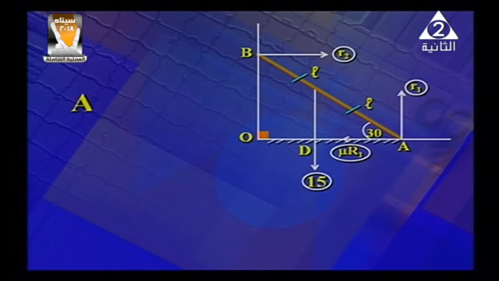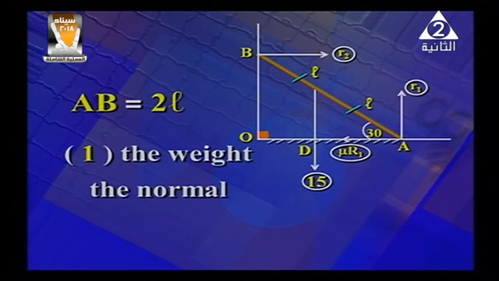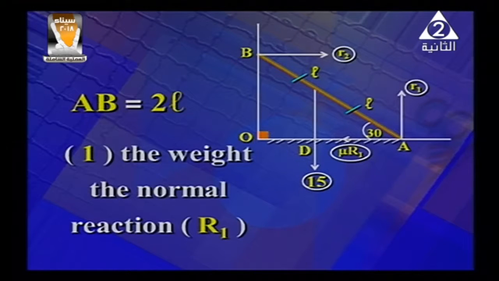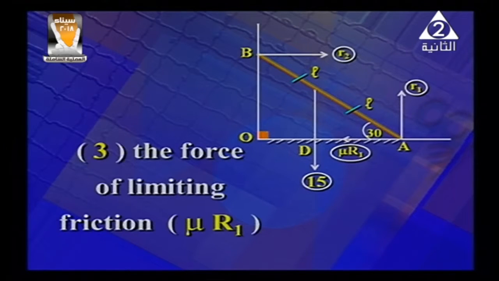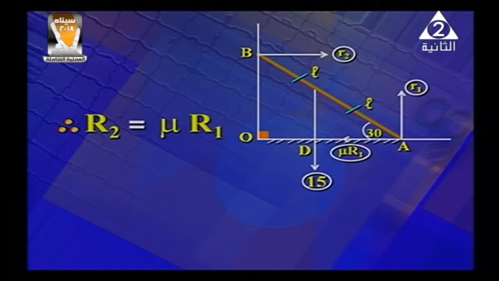Solution. Look at AB equals L, the weight, the normal reaction R1, the normal reaction R2, and the force of magnitude mu R1. R2 equals mu R1, this is the equation of equilibrium.